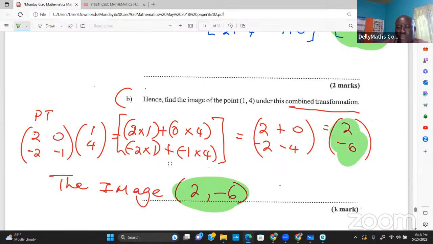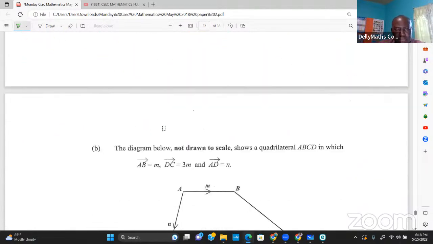So you have to make sure that you represent it properly and clearly. Right, so as you could see, your matrices can come in a transformation question. That's fine. Apply yourself to it. All right, let's continue working.